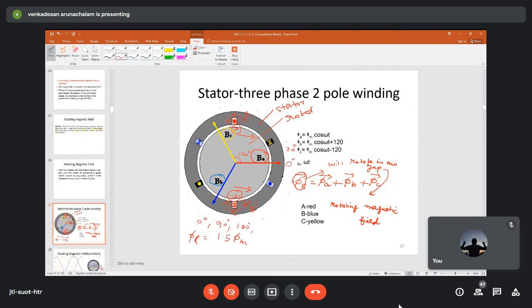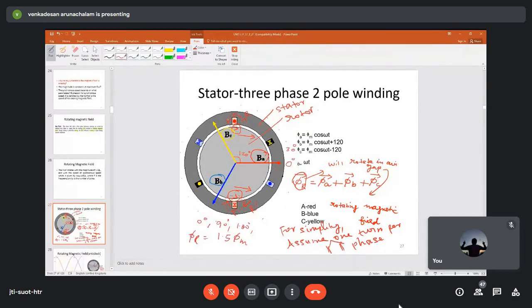For simplicity, we assume only one coil, that is, only one turn per phase. One turn means two conductors connected together form one turn.